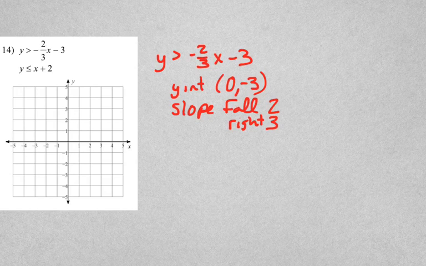And so at 0, -3, fall 2, right 3, and then to go backwards, rise 2, left 3. And then draw in the line that fits that, and put the arrows at the ends. Now let's do the other equation. Oh, and that was a dashed line.